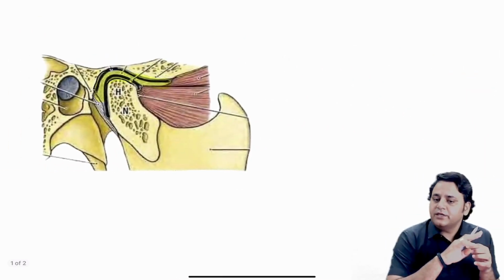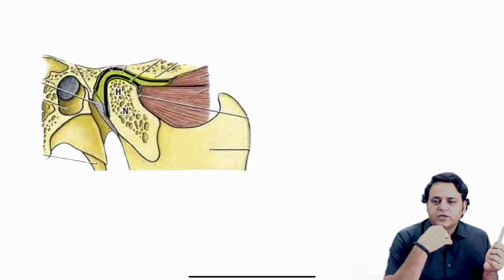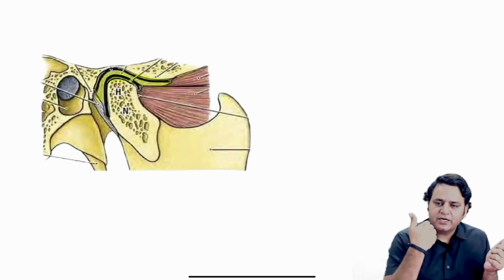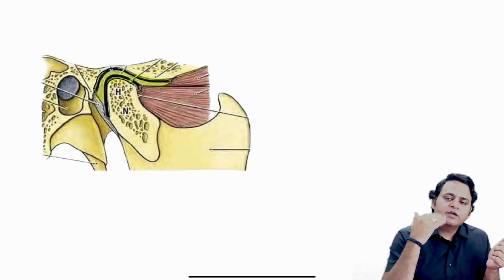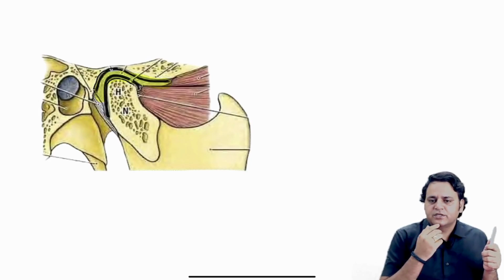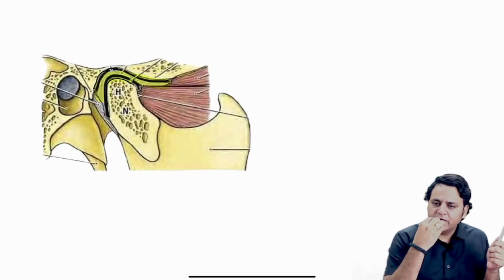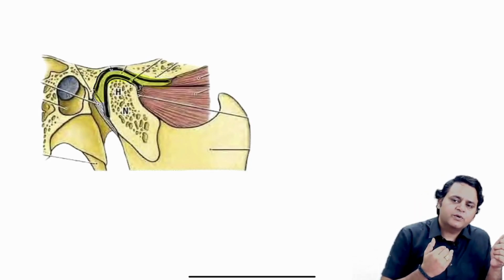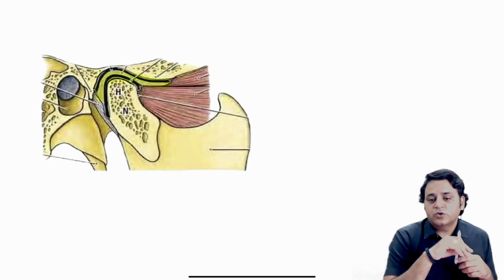Now, two types of movement occur in the TMJ. One is the sliding or gliding movement, in which the mandible moves side to side, or in protraction and retraction. The other is the rotatory movement, in which the mandible moves downward and upward for opening and closing of the mouth.